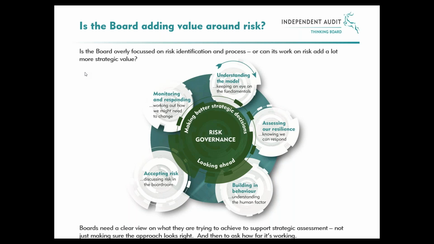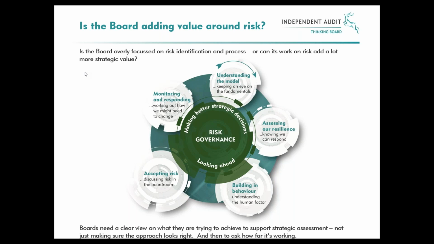And how can we use our time on risk management much more effectively? So again, we've put a model together here, and what I should have said at the outset is that underlying all of this, we've got detailed questionnaires that address each of these different parts of the model. If we take this next model on risk governance, it asks how much value the board is really getting from its work around risk.